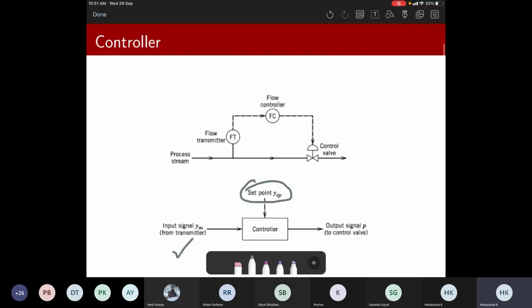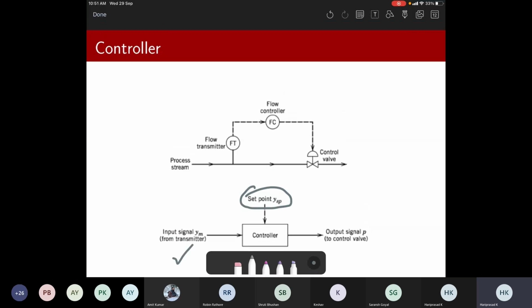So in the simplest case, your controller is basically working on an error, which is based on y actual. In fact, the error is generally calculated as y desired minus y actual, because your controller's aim is just to minimize this, whatever be the case.